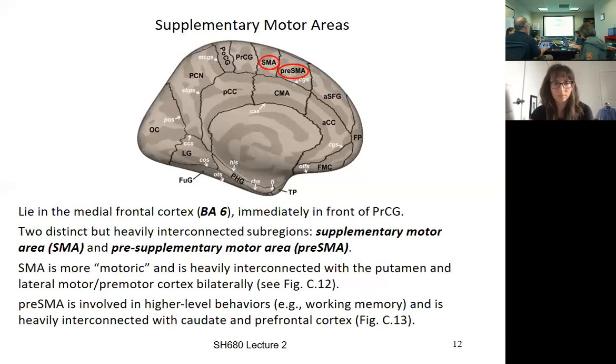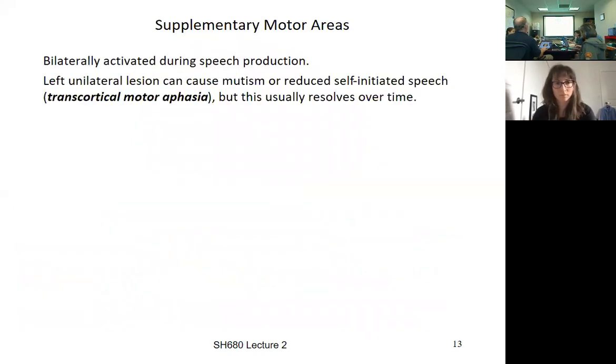Okay, so SMA is bilaterally activated during speech production with very little, if any, bias. Maybe a tiny left bias, maybe not. But they're not identical in importance, the left and right hemispheres.